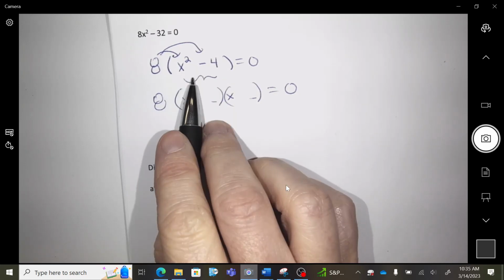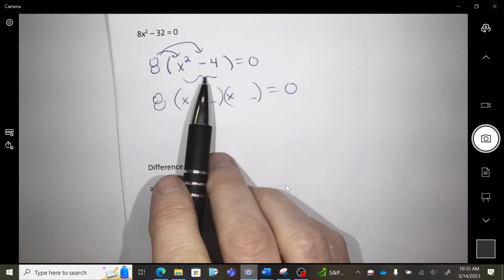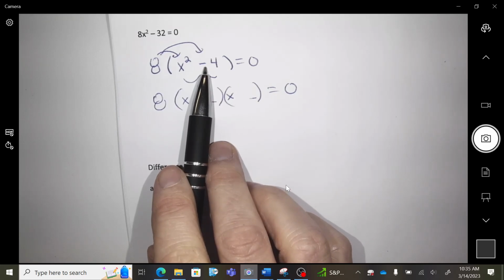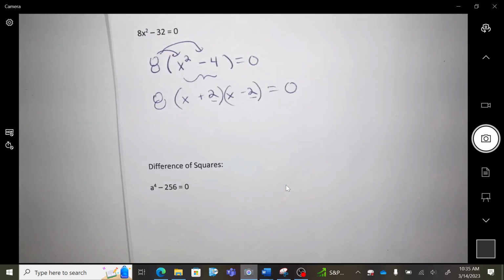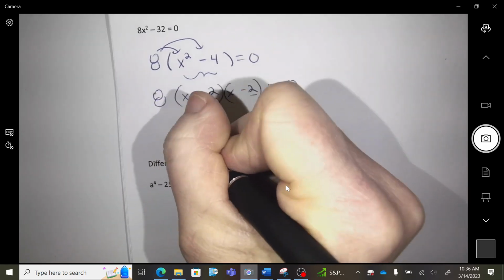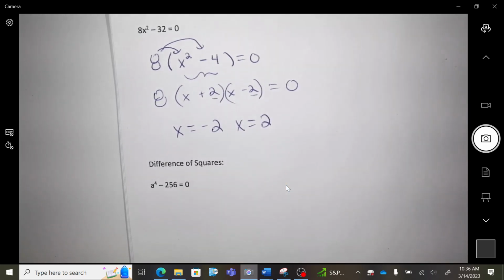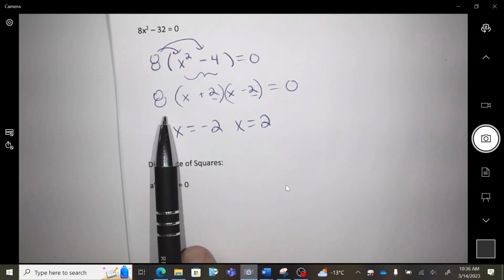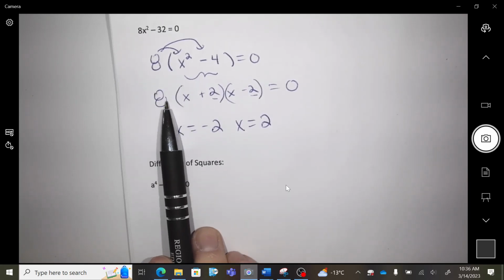And what do they have to add to in the middle? 0, because there is no middle. There's no middle, so they have to add to 0. So, plus minus 2. That's how difference of squares always works. It's always the same numbers, right? Okay, so I have a -2 solution for x and a +2. This 8 has no x in that part, so you don't even look at that part, right?